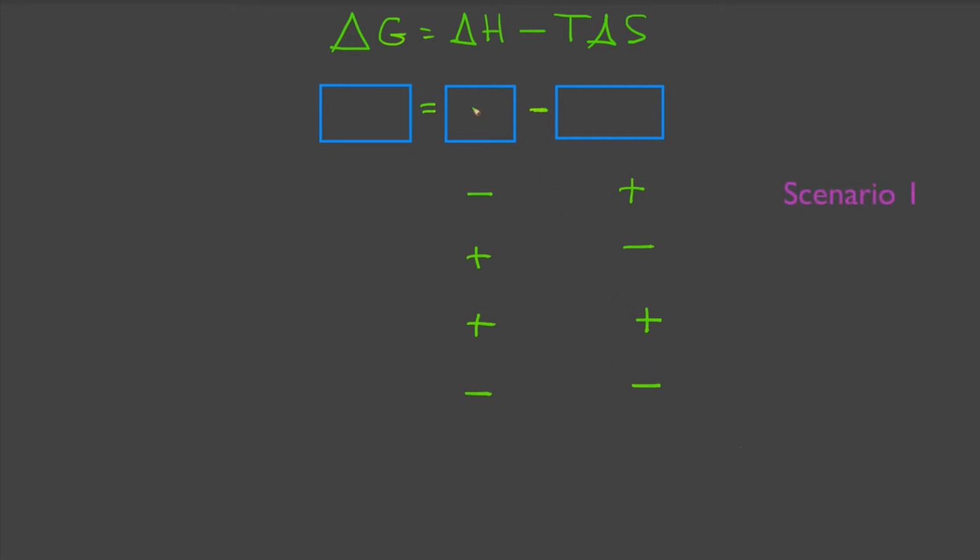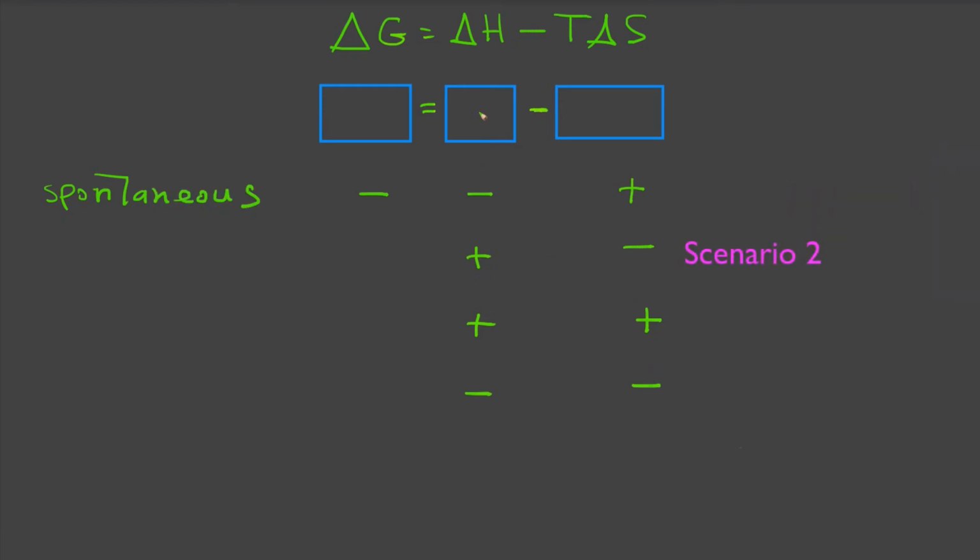In the first case, if delta H is minus and delta S is positive, anytime one has a negative number and you subtract from it another number, the answer must necessarily be negative. What this means is, anytime delta H is negative and delta S is positive, the reaction must be spontaneous.